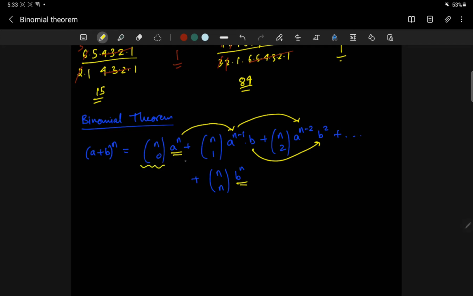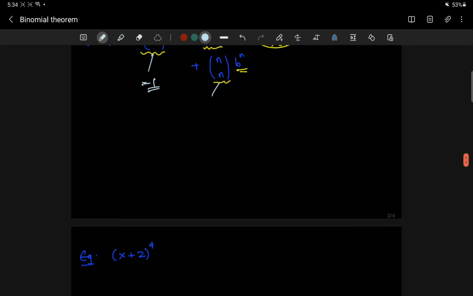So we get nC0, nC1, nC2, up to nCn. And you can again see one of the observations we saw, that these two are both equal to 1. The outermost two numbers do not give you any other answer. They give you just 1.